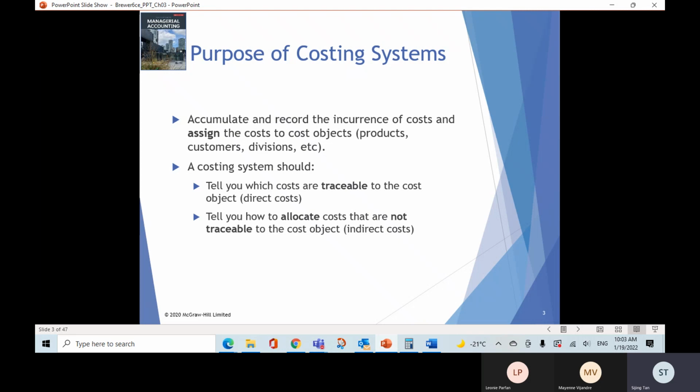Okay. Now, a costing system should tell you which costs are traceable to the cost objects, or tell you how to allocate costs that are not traceable to the cost object. So that is overhead cost, right? At this point, can you remember the different concepts of fixed and variable manufacturing cost?